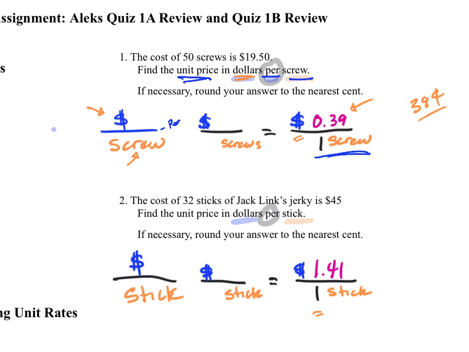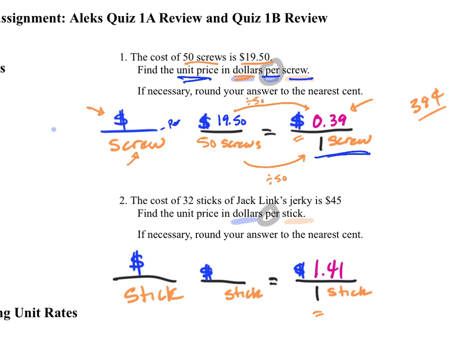Then the next step would be, say, well, I'm going to put how many dollars? They give me my initial situation, and it's $19.50. So I'm going to put $19.50 here. And I got 50 screws, so I'm going to put a 50 here, right? And now, so really what I'm doing is, to get to one screw, I have to divide this by 50, which if I'm going to keep these proportional and equivalent, then I'm going to have to divide this by 50.